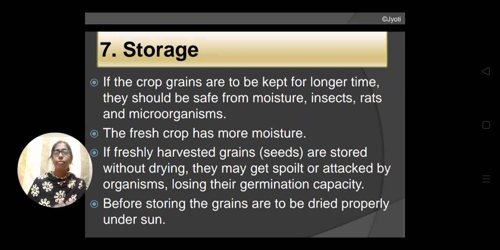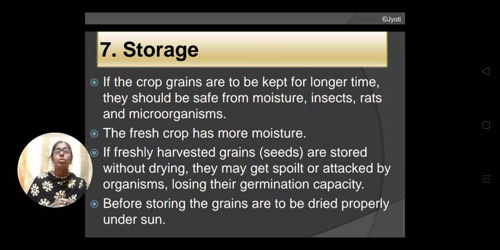If they are not dried, then fungus or some other microorganism will attack them, and that will destroy the crop. And for the next season, for growing the crop, the grains may not be available.